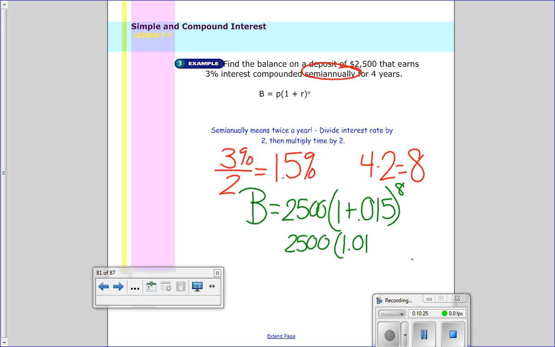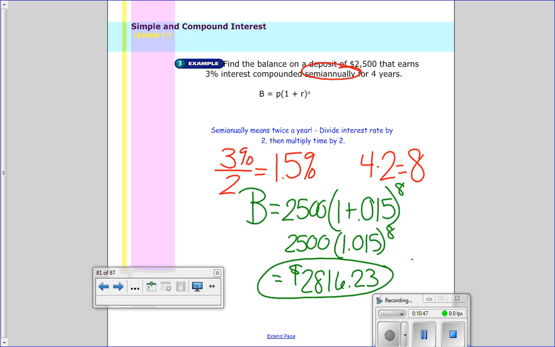First, I have to add those together and then do to the 8th power. So 1 and 15 thousandths to the 8th power, and then times that by 2,500, and I find out my balance at the end of this time is $2,816.23. And again, I did that by first doing this to the 8th power and then timesing it by 2,500.